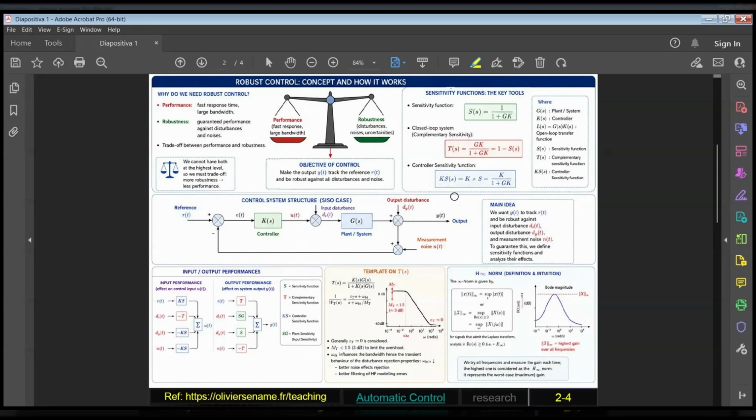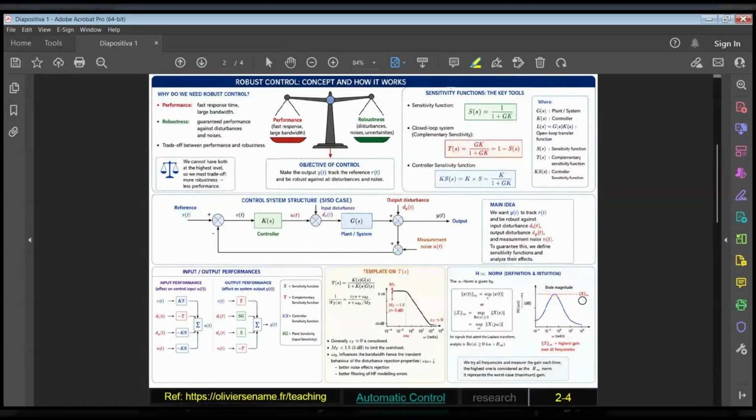Before going further, we need to understand the concept of the H-infinity norm. The H-infinity norm can be understood as the maximum gain of a system over all frequencies. When we draw a Bode plot, we evaluate the system gain at every frequency.